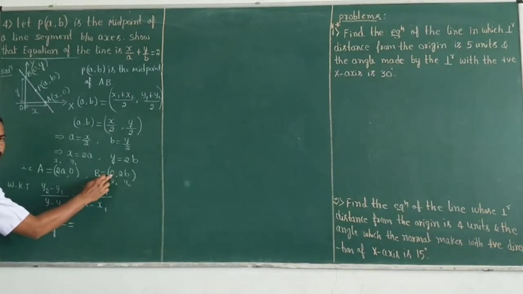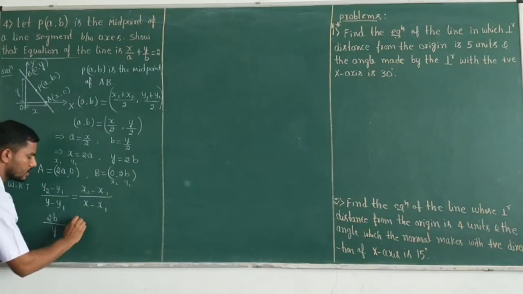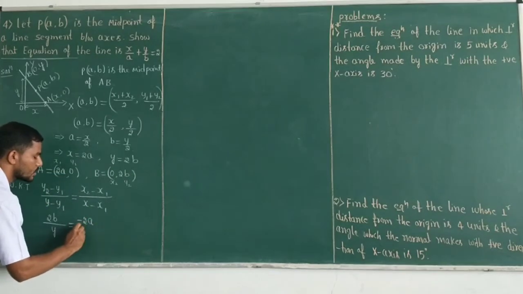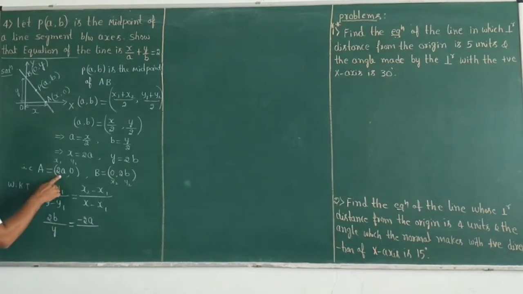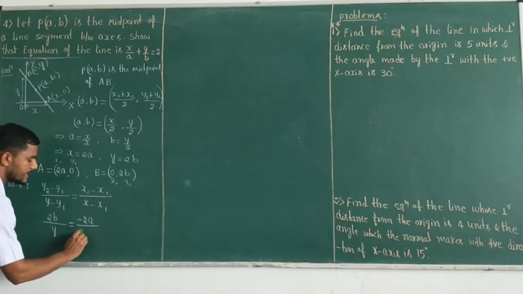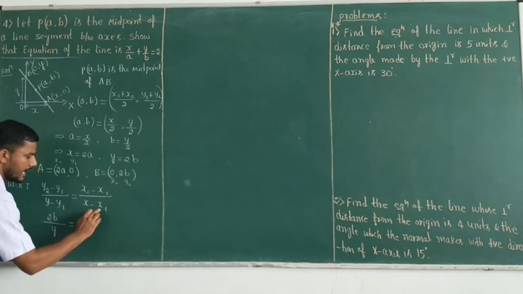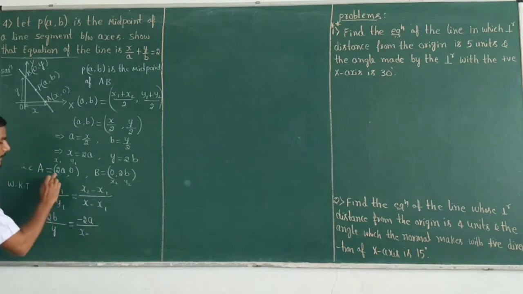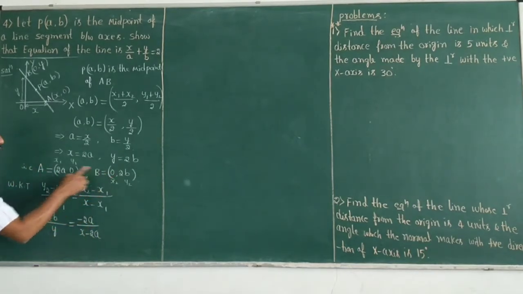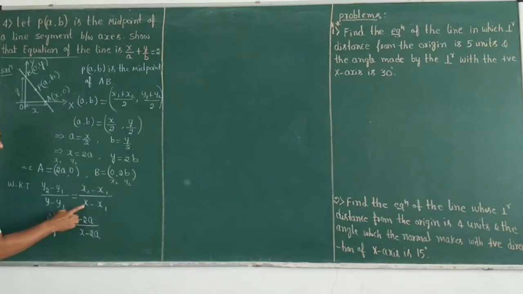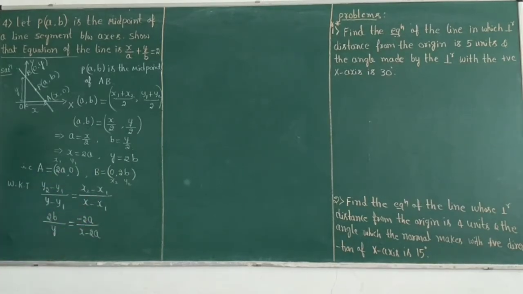Here x2 is 0 and x1 is 2a, so 0 minus 2a is minus 2a, divided by x minus x1, that is x minus 2a.